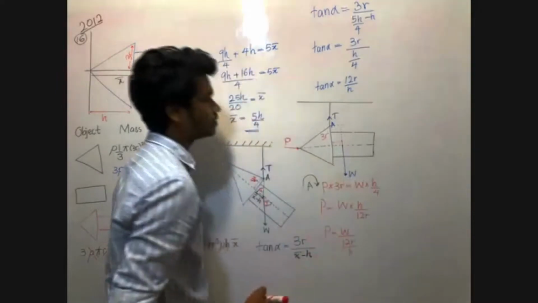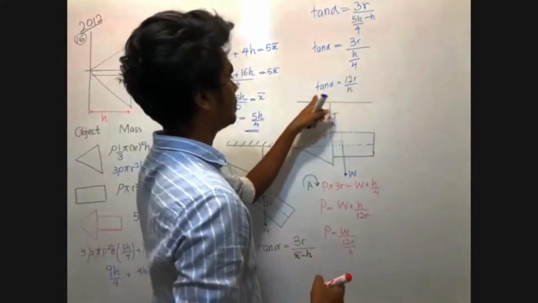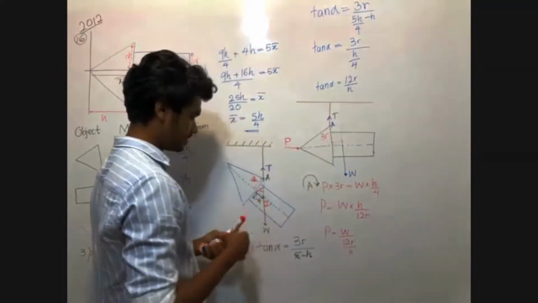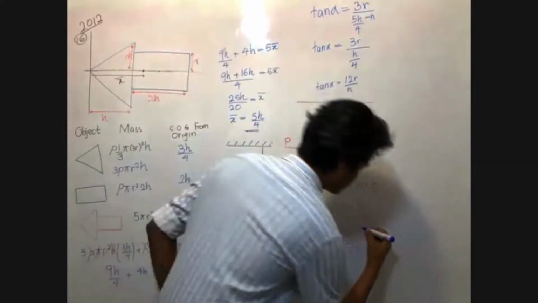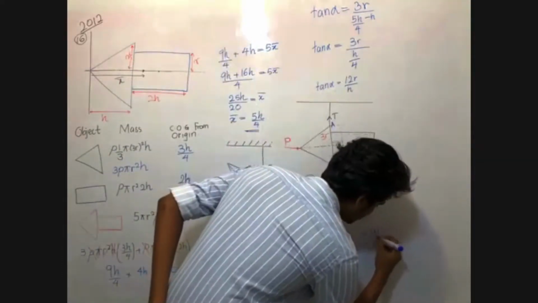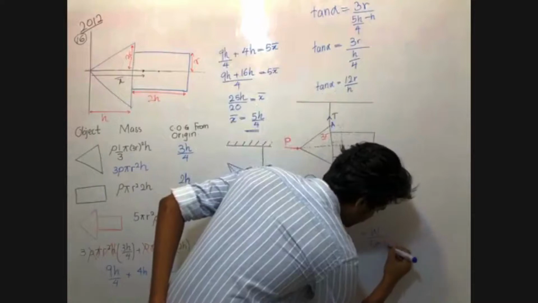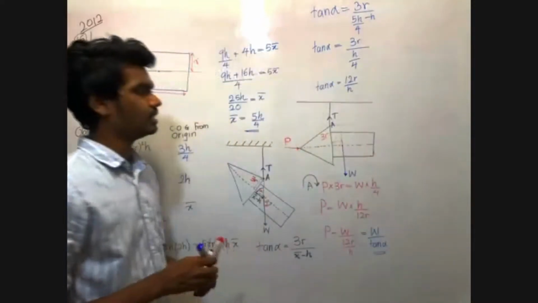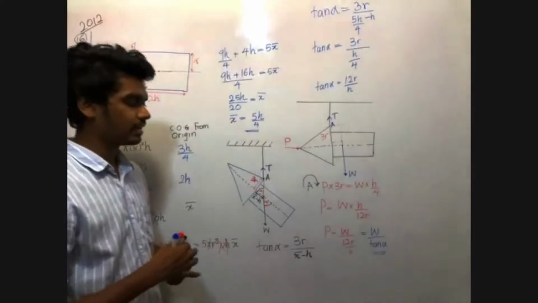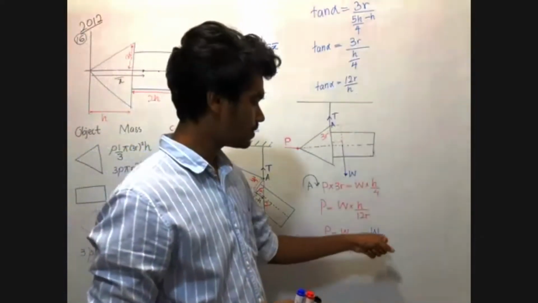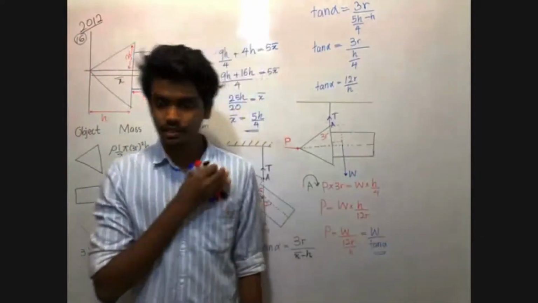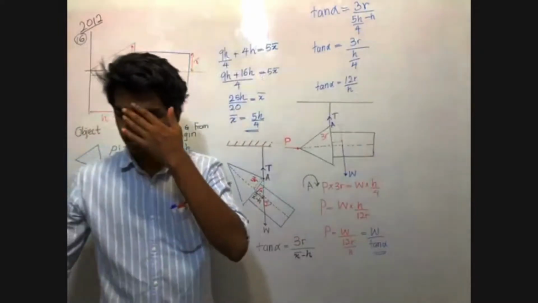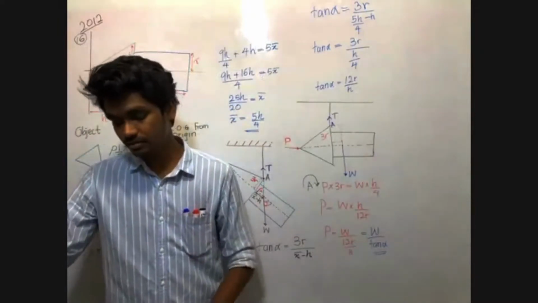What is H over 12R? That is tan alpha. So P is W over tan alpha. They have asked P in terms of W and alpha.